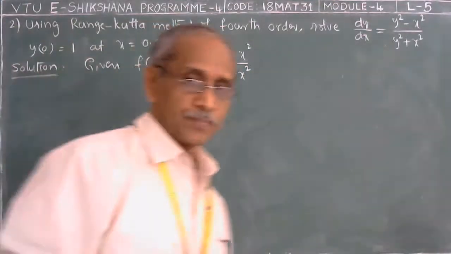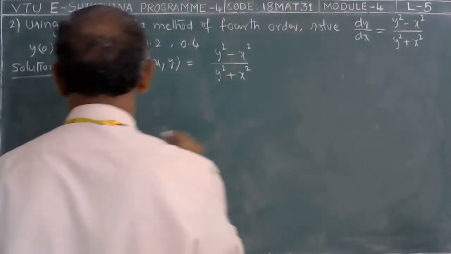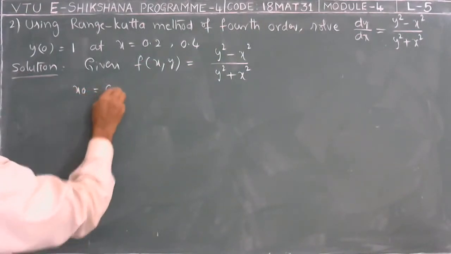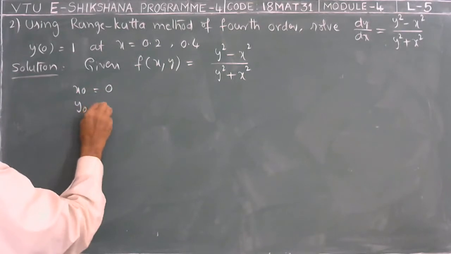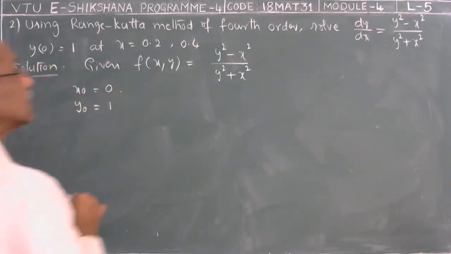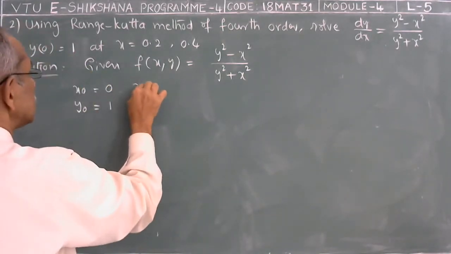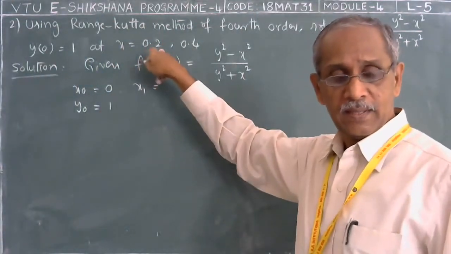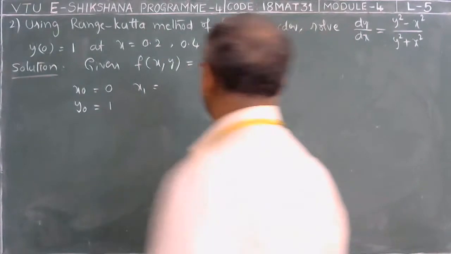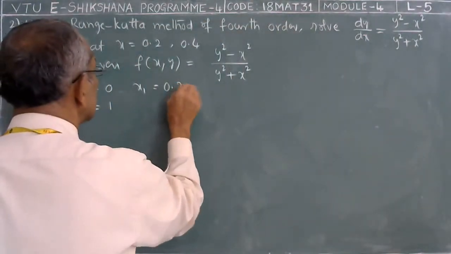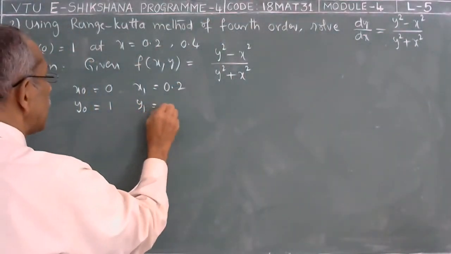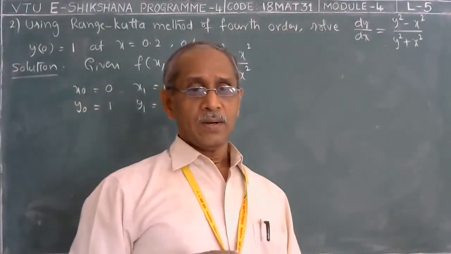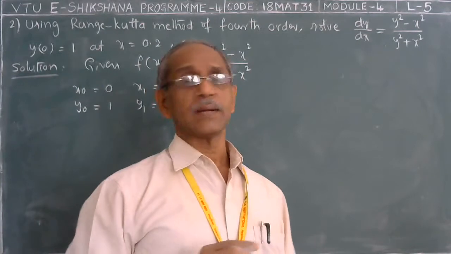Then x naught is 0, y naught is 1. The next value of x is 0.2, this is your x1. The corresponding value of y, that is y1, we have to calculate using the Runge-Kutta method of fourth order.